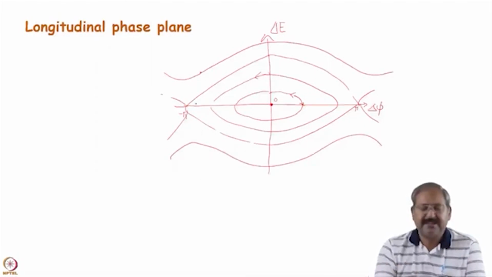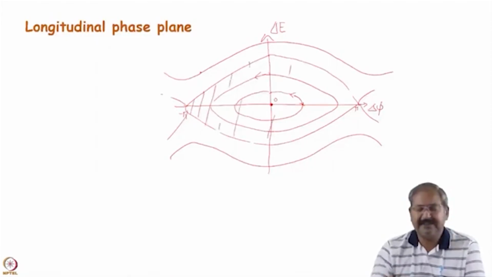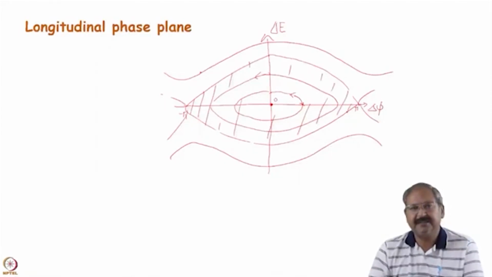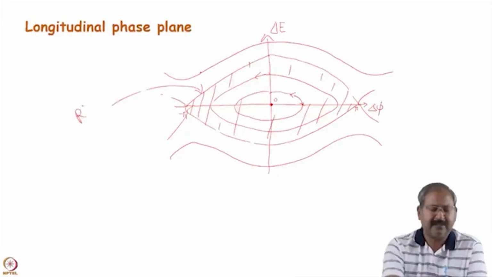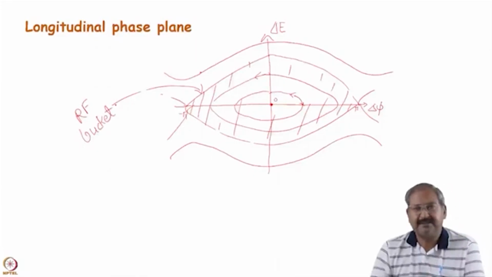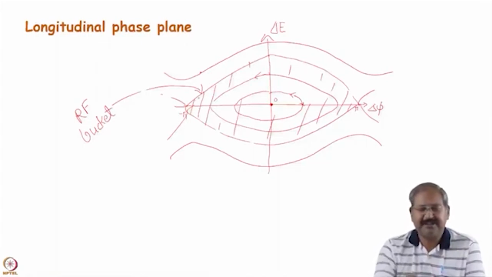So you can see that inside this area there are stable oscillations, and above this area there is no stable oscillation. So this area is known as the RF bucket. And the curve which separates the stable and unstable zone is known as the separatrix.